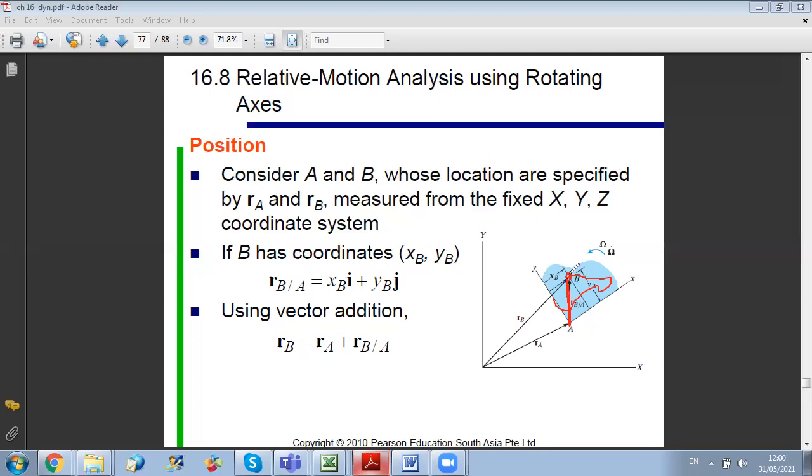But in the case B can do any type of motion, okay? So what we will do then, we will take a frame fixed to the rigid body, meaning it rotates with the rigid body, and B will have a possibility of moving relative to this frame because it is able to walk on the rigid body. So whenever we have a body that is able to have a freedom of motion relative to another body, and we want to get the relative velocity and relative acceleration, we will use the concept of rotating frames.